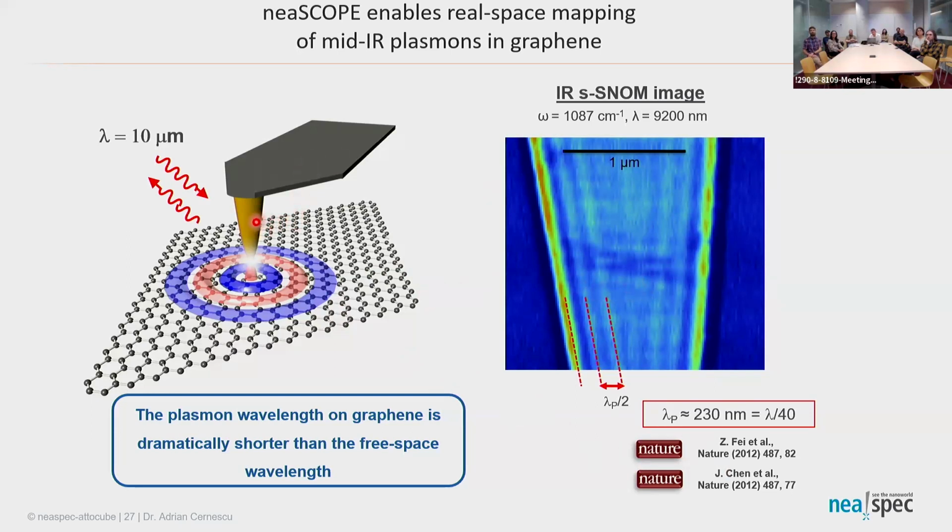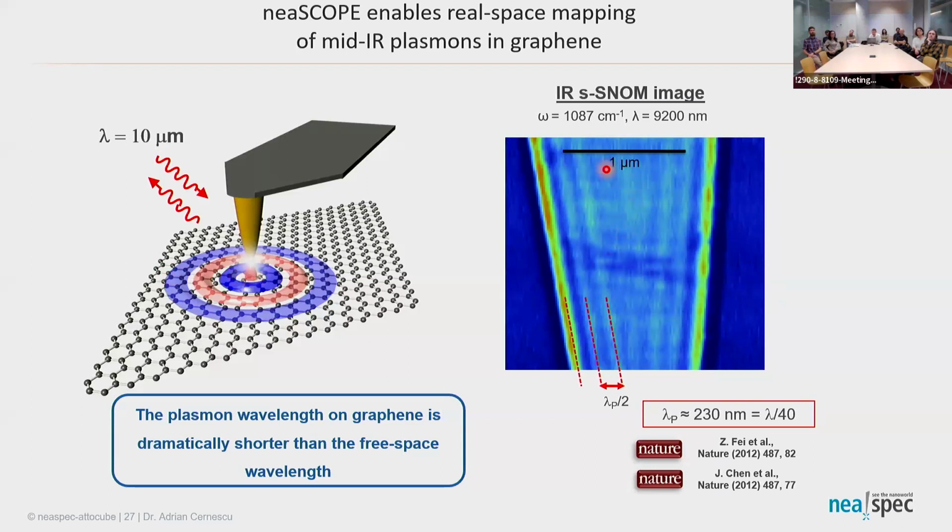So what happens, I said that we generate a small nanofocus at the end of the tip by simply illuminating with the light. But this nanofocus has a very strong momentum, which excites these polariton waves. It's like waves on the water, which propagate and then reflect back at the tip.